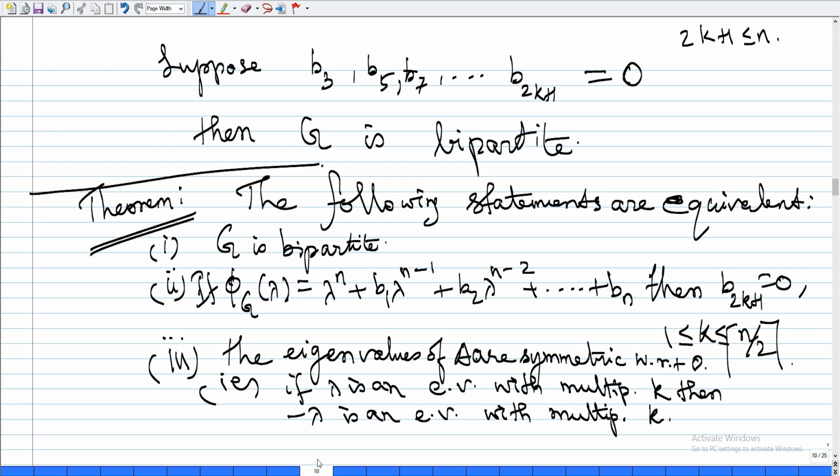So we have seen already 1 implies 3: if G is bipartite, we have seen how the eigenvalues are going to be present in the graph. We have also seen 2 implies 1: if your B 2k plus 1 is 0, then we know there is no odd cycle, that means G is bipartite, right.